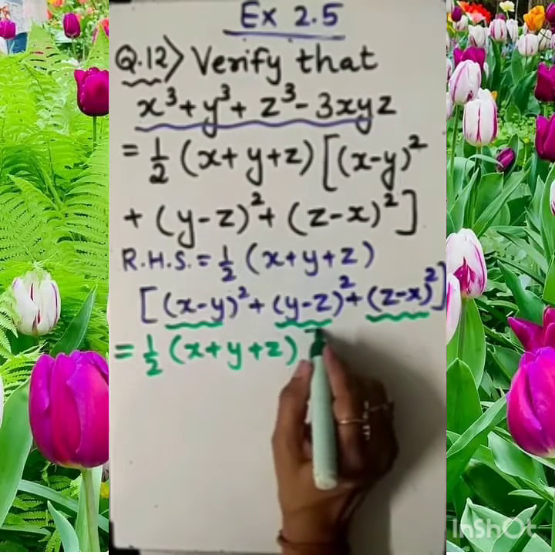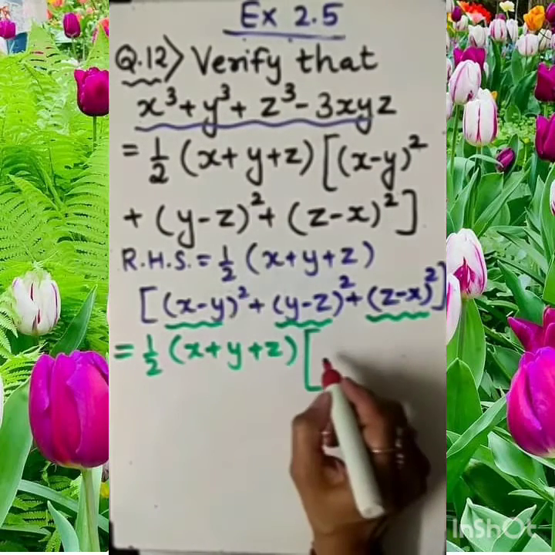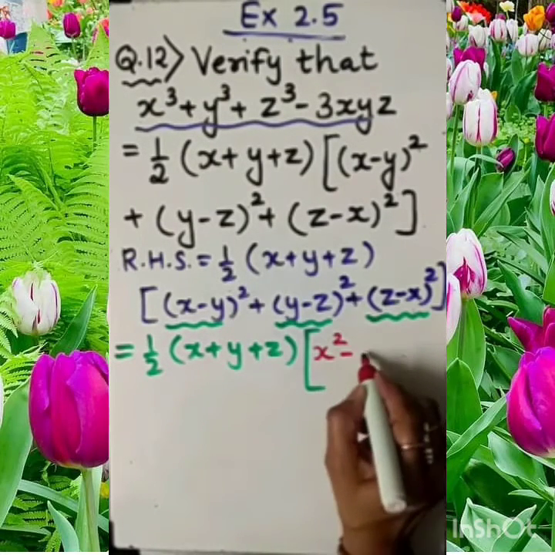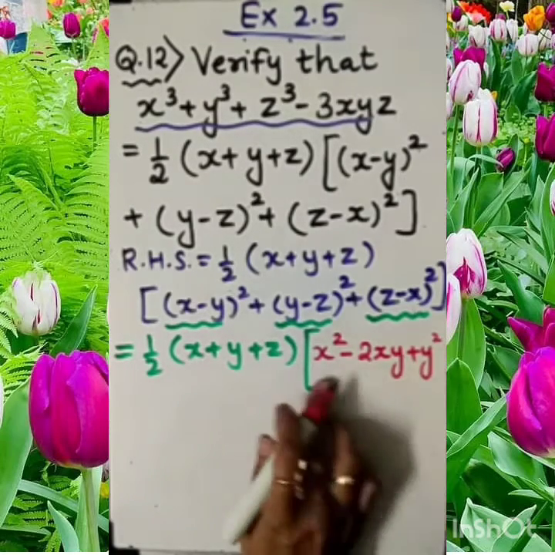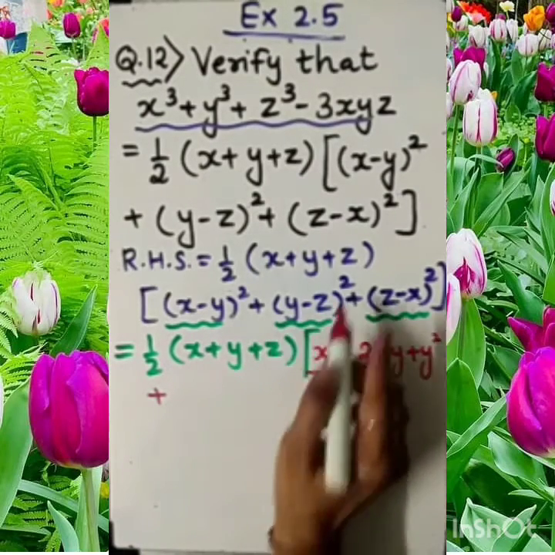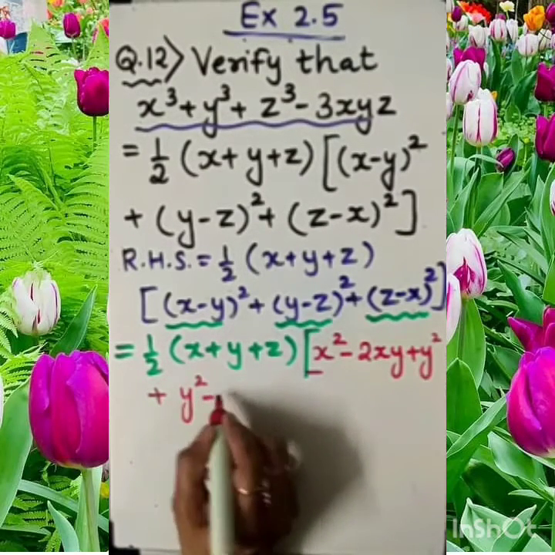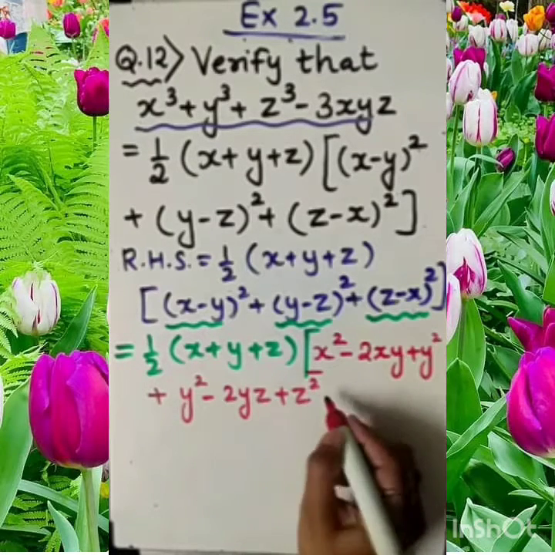Now I am beginning from here. x minus y whole square can be written as x square minus 2xy plus y square. Right? Plus next step, y minus z whole square can be written as y square minus 2yz plus z square.